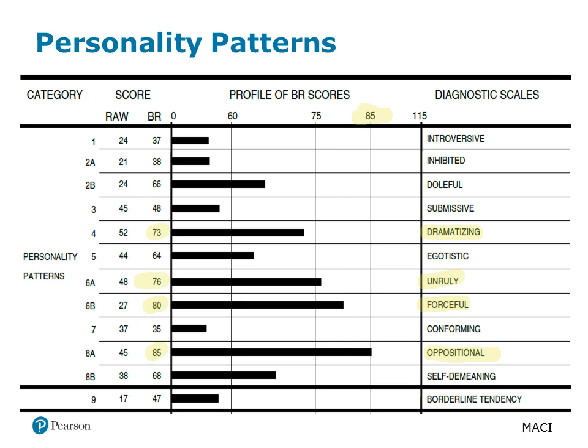So here's the important thing. Even though I could conceivably say, well, in terms of the configuration here, maybe I would think about describing her personality pattern as oppositional and forceful personality traits, maybe with unruly and dramatizing features.